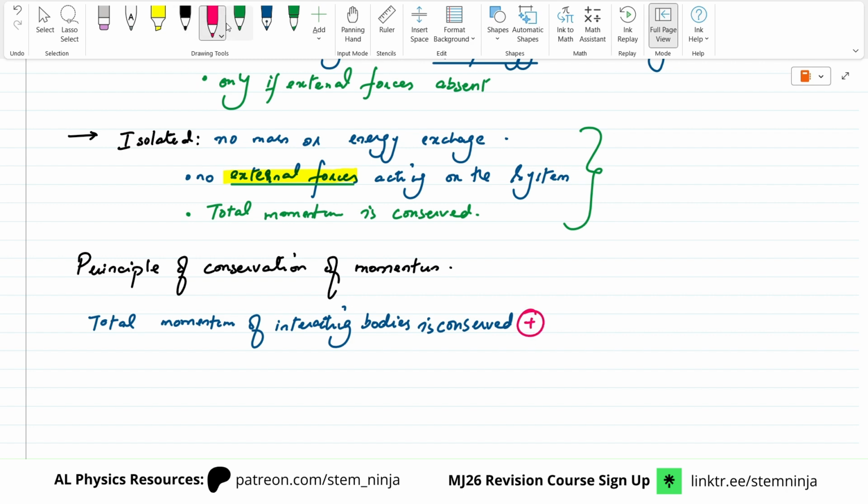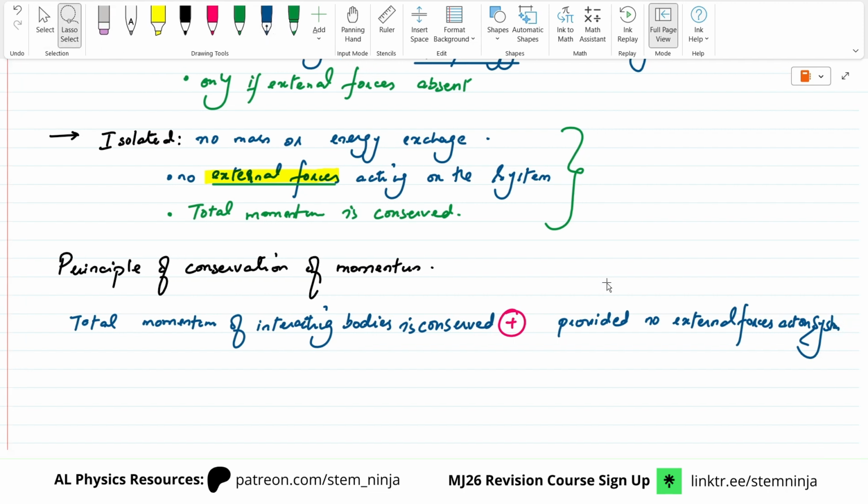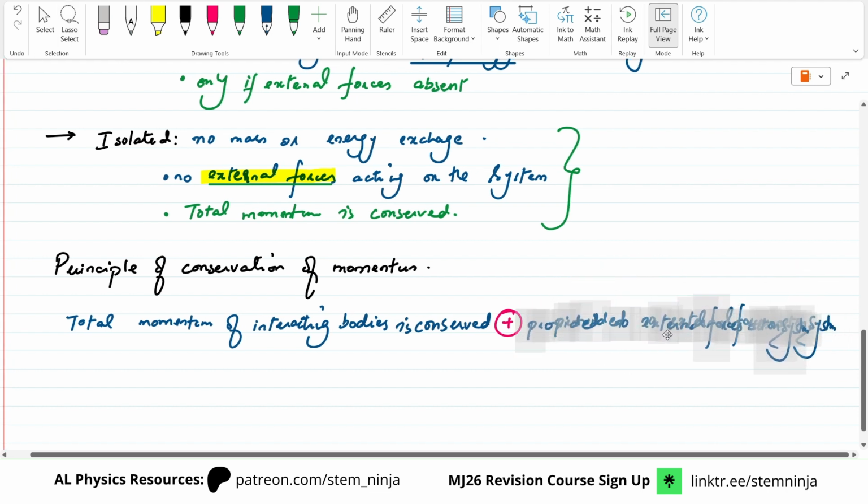This is a very important point: provided no external forces act on the system. So this is the assumption.